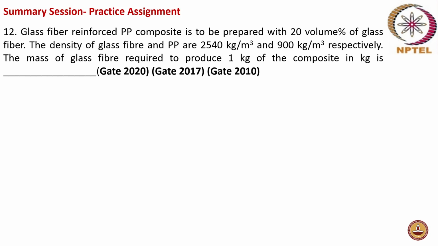The mass of glass fiber required to produce 1 kg of composite, in kilograms, is? This is a very repeated question in GATE. It has been asked in 2020, 2017, and 2010. So how do you proceed with this?